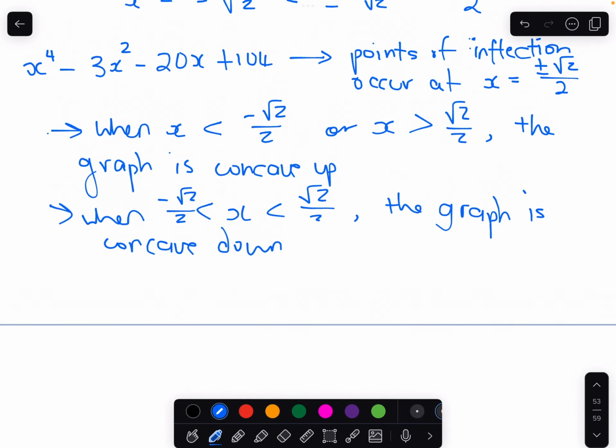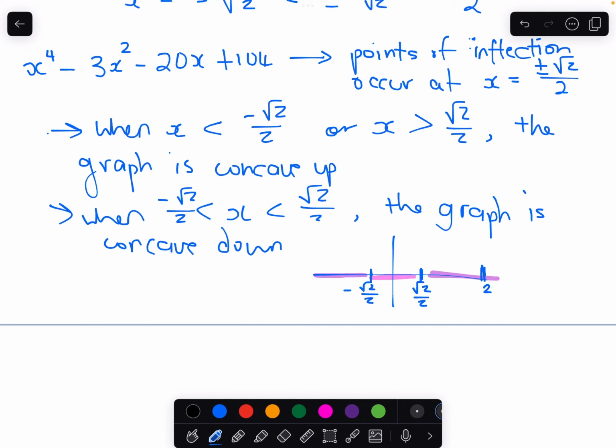Okay, so we have minus root 2 over 2 and positive root 2 over 2, and we know that we are concave up over here and over here, and over here we are concave down, okay, and we have a turning point somewhere over here, when x is equal to 2.